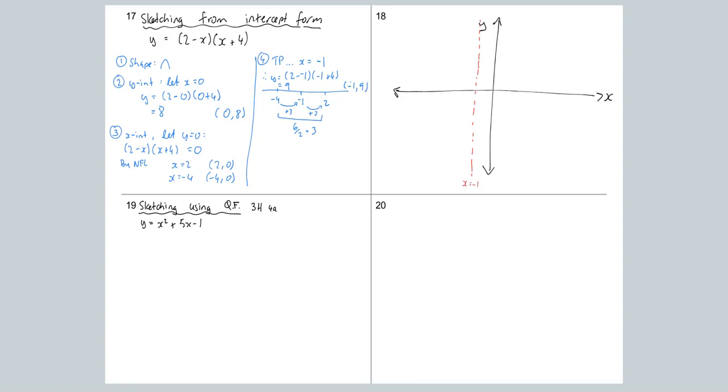I have one of my x-intercepts at 2, 0. I've got my other intercept at -4, 0. I've also got my y-intercept at 8.